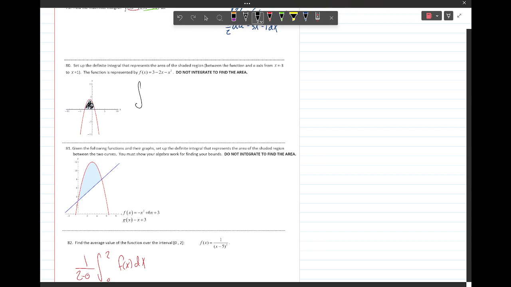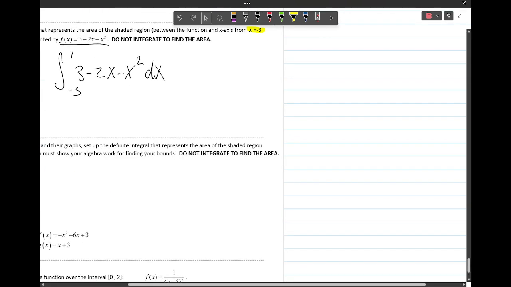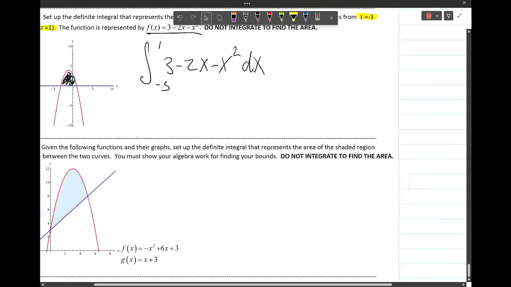And so we want to find the area underneath this function between these x values. So that's all that one is. That one's relatively simple. 81 is more of a troublemaker.